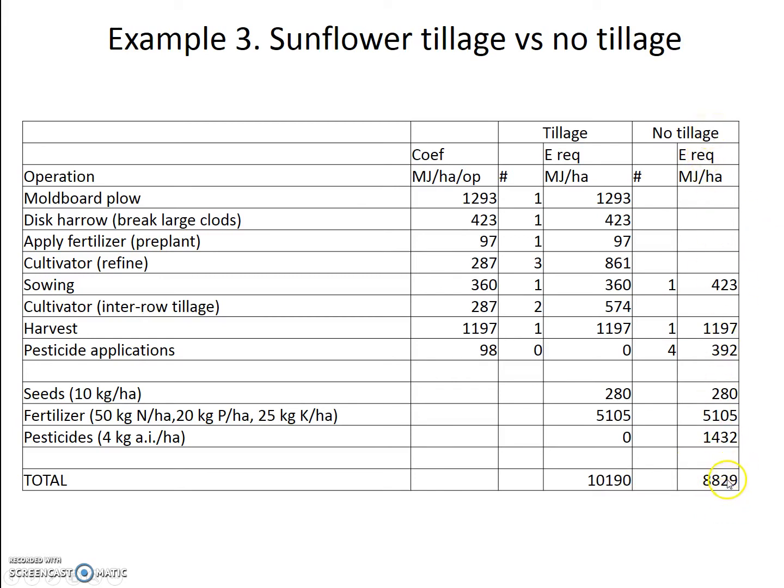As we can see, even with no tillage, the savings in energy are not that important, because in grain-fed systems the highest investment in energy is related to nitrogen fertilizer, which in this case is taking more than 50% of the energy requirements of the crop.